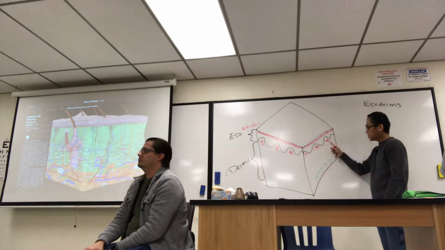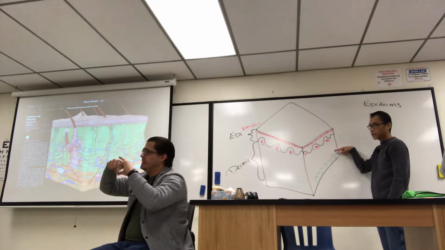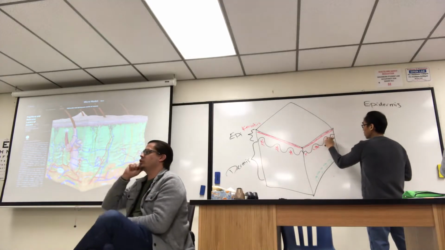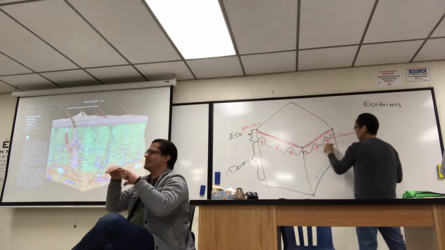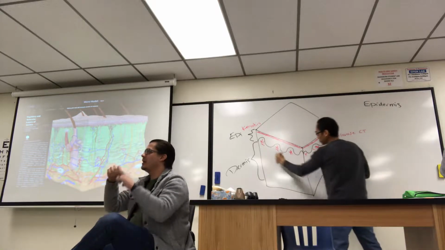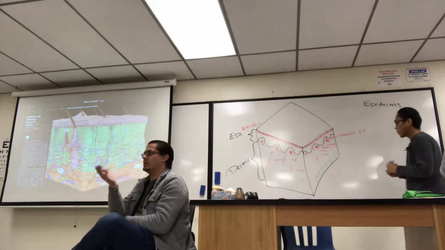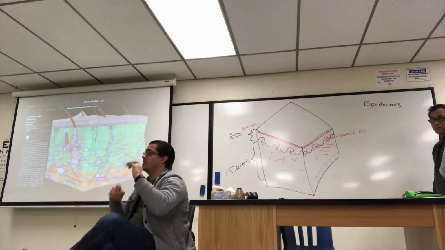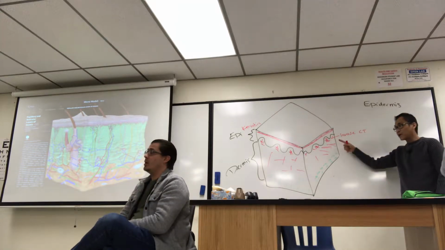It's more of a loose CT at the top, and as you go deeper in the dermis, it becomes more of a dense, irregular connective tissue. So, more up here, it's a loose CT, and deeper on, it's more dense. But I won't draw too much, because there are other things I want to draw in here. But let's remember that the dermis is our example of a dense, irregular connective tissue.